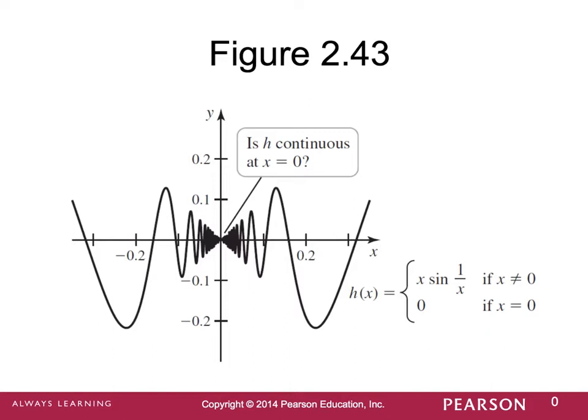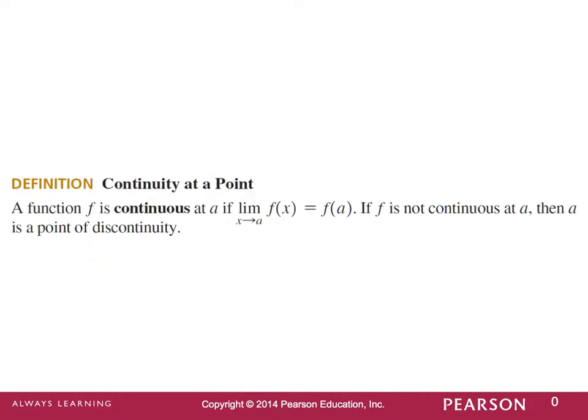In order to answer this question, we need to more properly define what continuity is, more than just holes and breaks. The definition of continuity at a point states that a function f is continuous at a if the limit of f of x as x approaches a is equal to f of a.